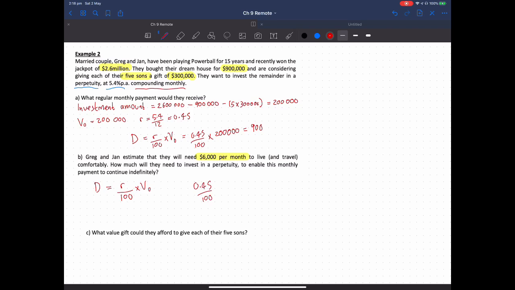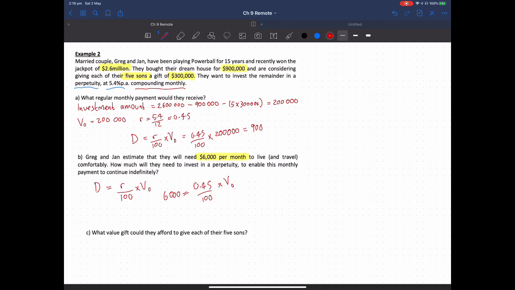We know what D is going to be. They want D to be $6,000. But that leaves us with V0. We know when it was $200,000, they would only get $900 per month.